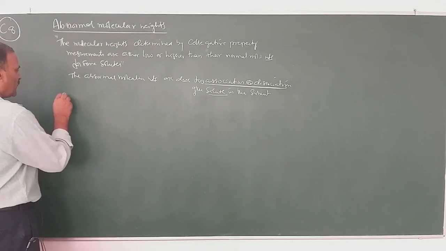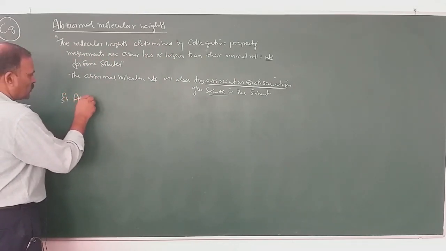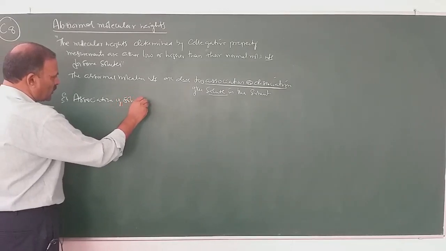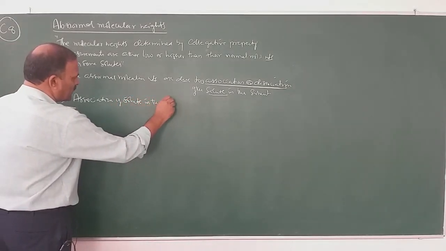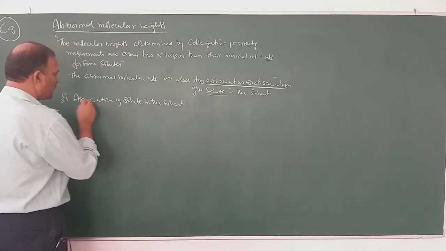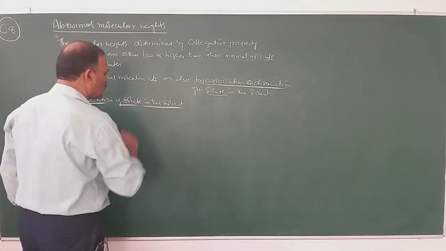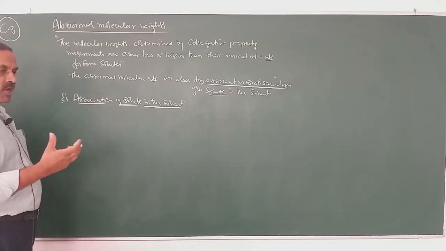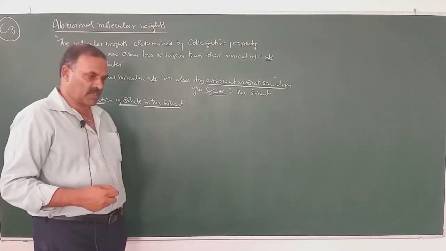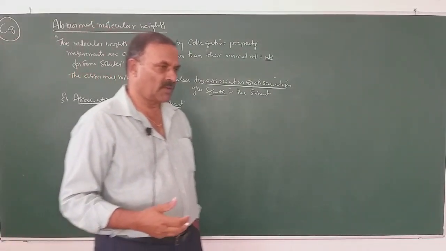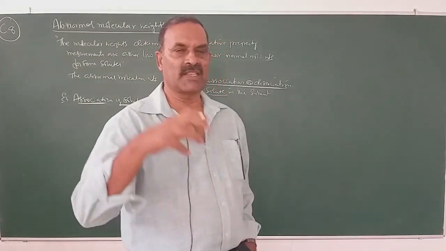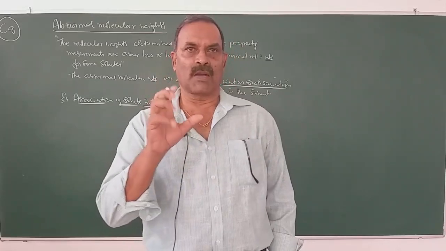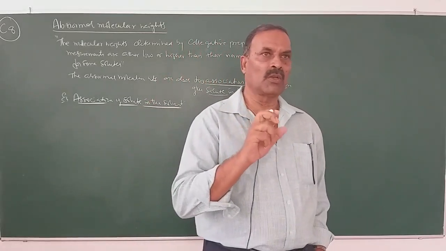For example, association of solute in the solvent. What happens when the solute molecules undergo association? For example, when acetic acid is added into water, two molecules of acetic acid combine to form a big molecule.